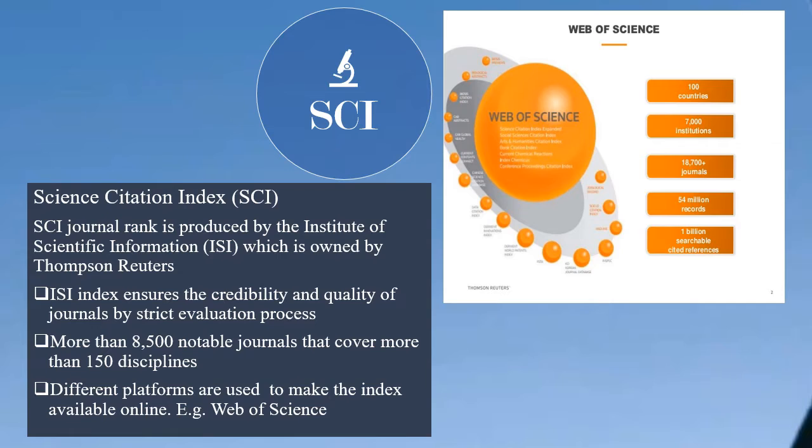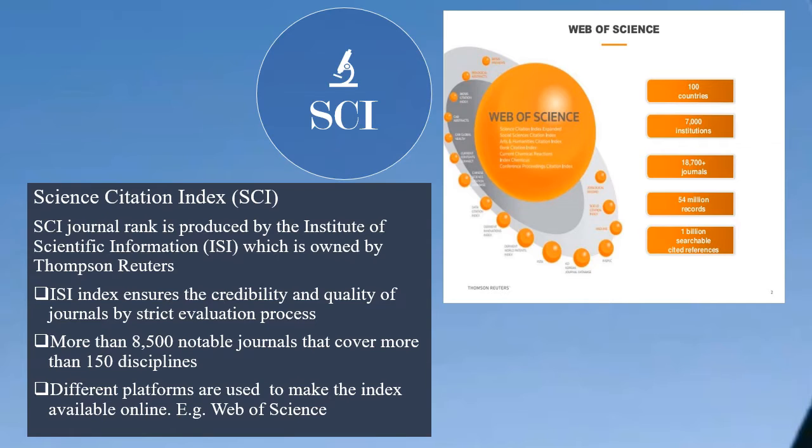That is why we often call the journals indexed by SCI ISI journals. ISI index ensures the credibility and quality of journals by a strict evaluation process. More than 8,500 notable journals that cover more than 150 disciplines are indexed by ISI.